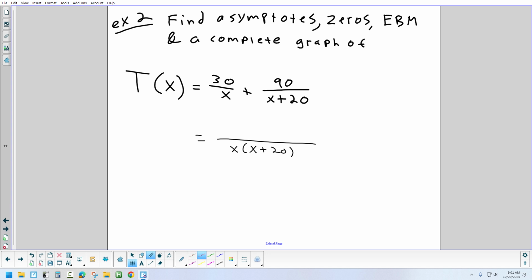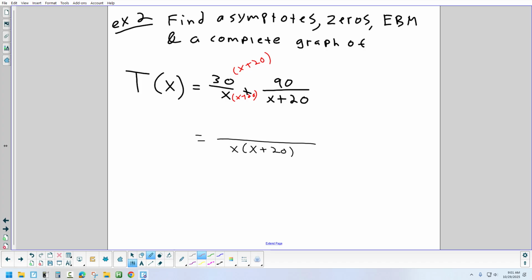What would you have to multiply the fraction on the left by in the top and the bottom to make it have the common denominator? Yep. X plus 20. And what would you have to multiply the fraction on the right by to make that have the common denominator? Yep.